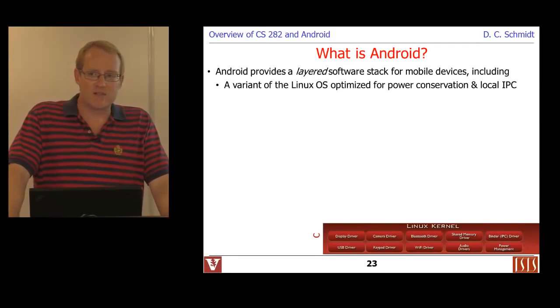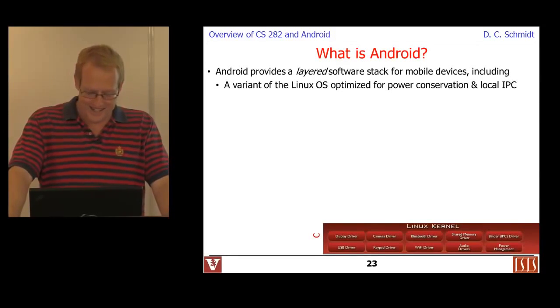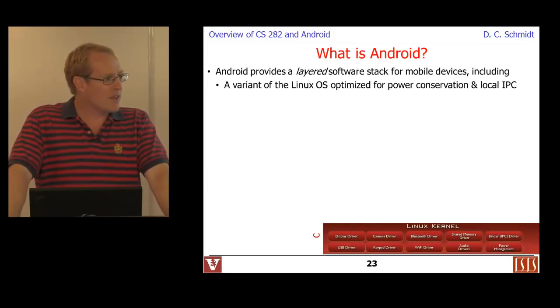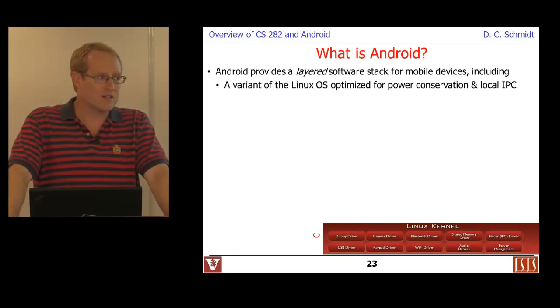So obviously at the very lowest level is a bunch of hardware, and that's this kind of stuff. And then on top of that is a modified version of the Linux kernel. We're going to go into this in a bit more detail in a second, but for the moment, the main thing that they did in Android was they optimized the use of Linux for battery-powered embedded systems. So there's a lot of stuff in there about trying to do power management.